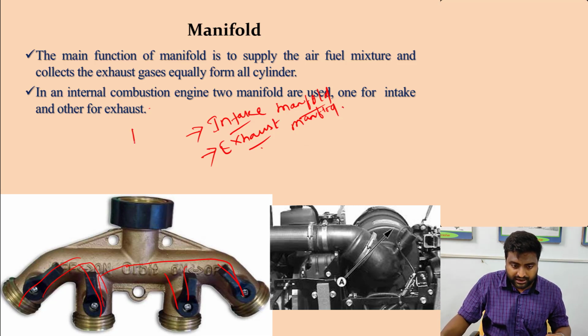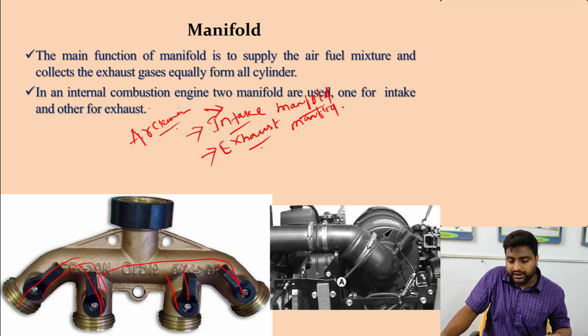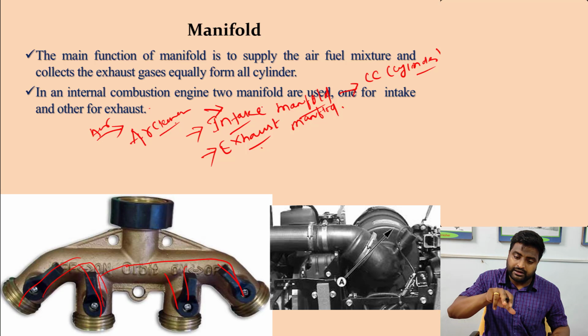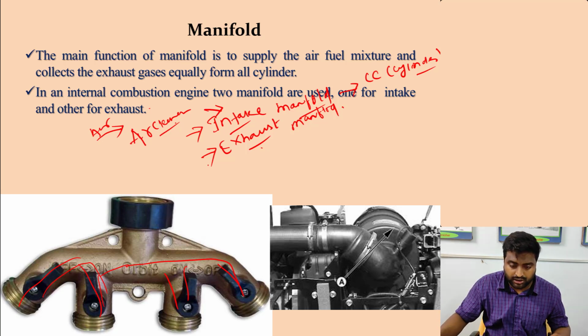Okay. I think you have all heard about the air cleaner. The air cleaner is connected to the intake manifold. So clean air passes through the air cleaner and then goes through the intake manifold to the combustion chamber or the cylinder. Cylinder is also known as the combustion chamber, right? So air cleaner, intake manifold, and combustion chamber. Then comes the exhaust. I think you all have heard of the silencer.